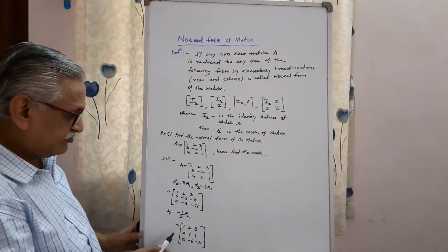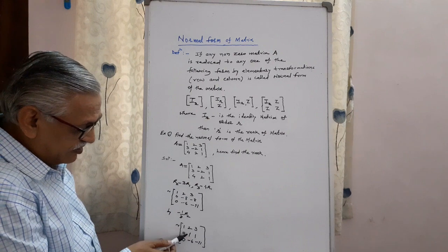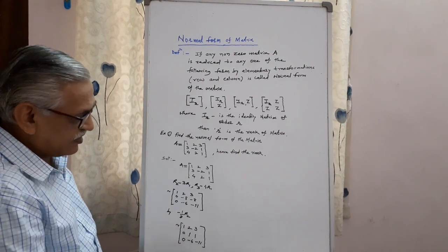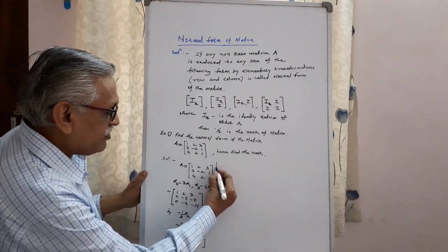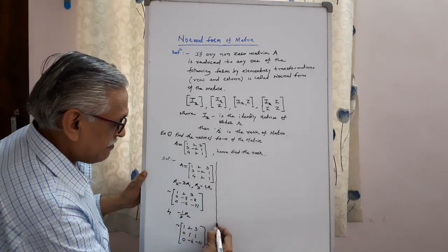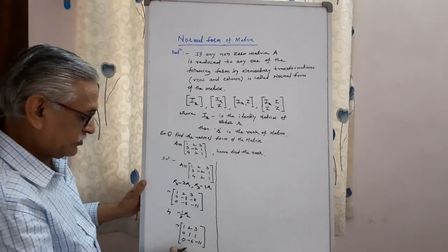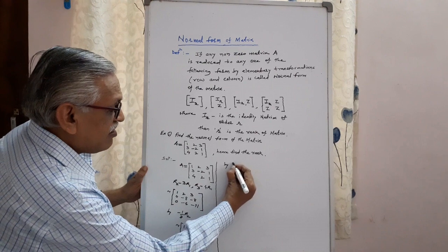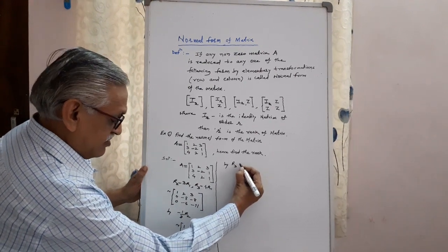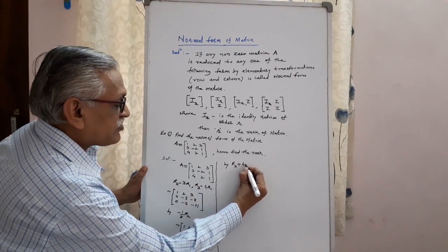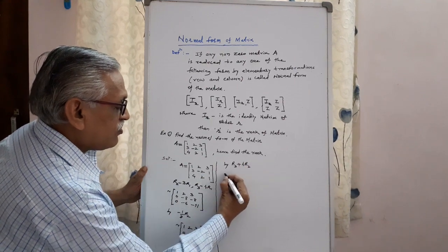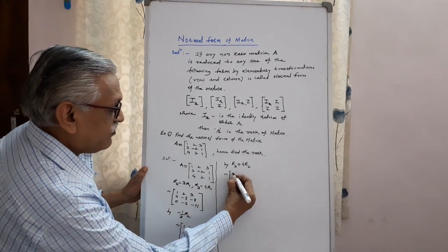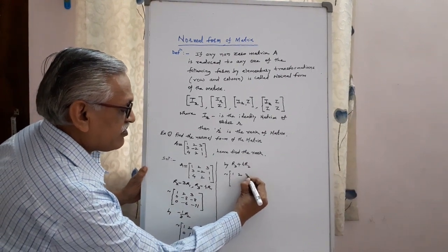Then using this one, we convert the minus 6 to 0 by applying the transformation R3 plus 6 times R2. We get first row no change, 1, 2, 3.